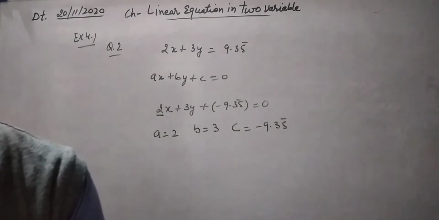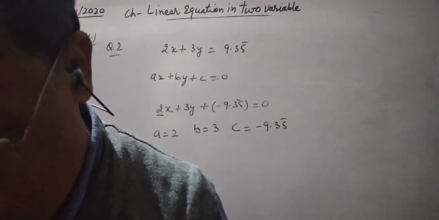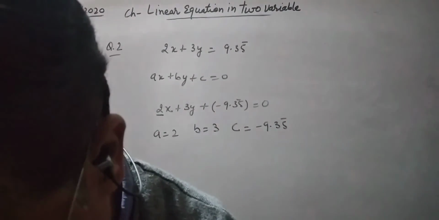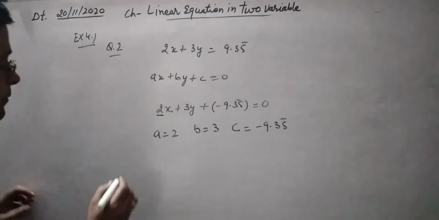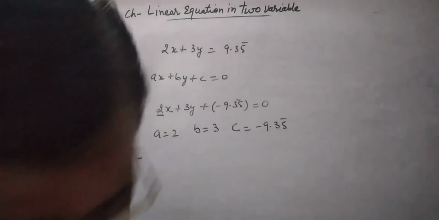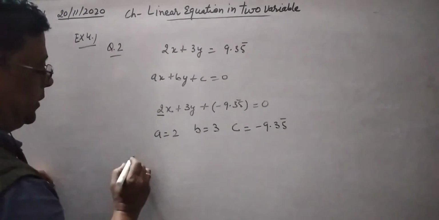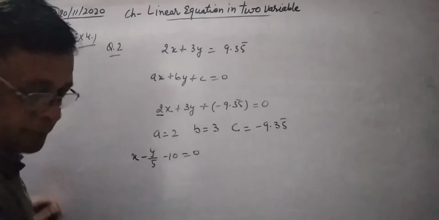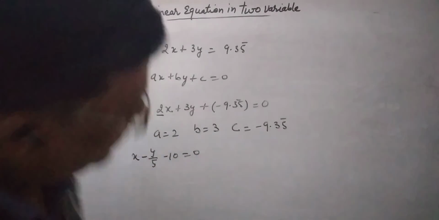Then I'll take 2-3 questions, and the rest you take as homework. Now see the next one: X minus y upon 5 minus 10 equals 0.